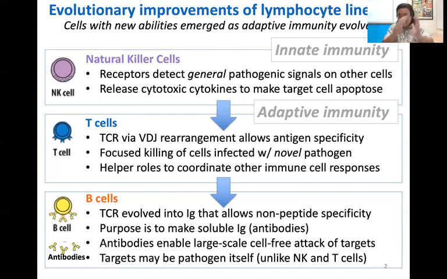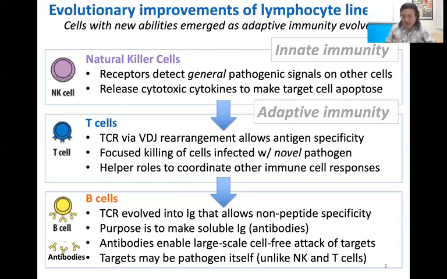Then the adaptive system came along to say, well, let's also pay attention to any cells in our body that are already infected by this, right? And then you have the B cells, which take that to its logical conclusion, which is, yeah, now that we know how to make these specific antigen binding molecules, the fact that we can release them enables them once again to directly target pathogens like bacteria and viruses.